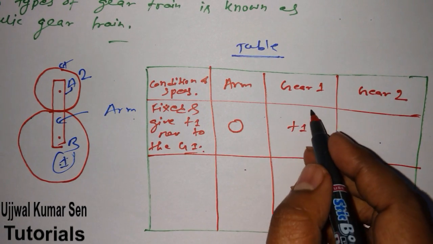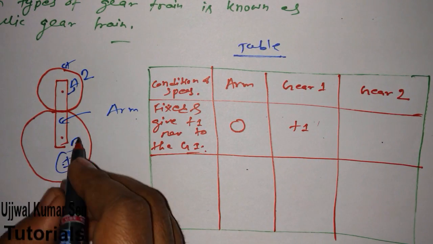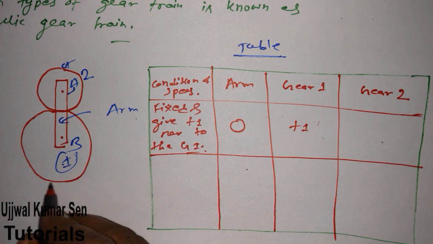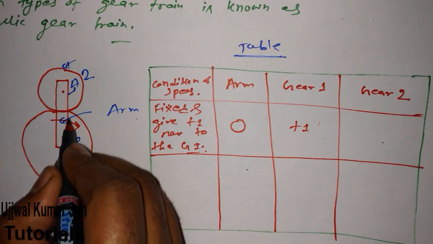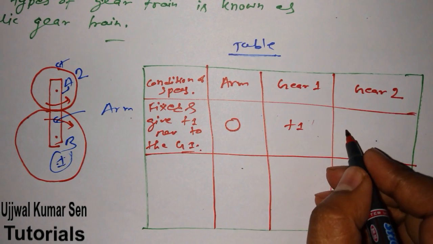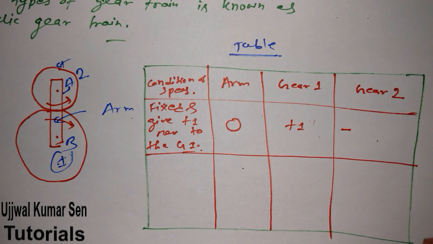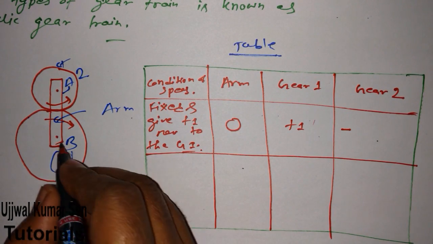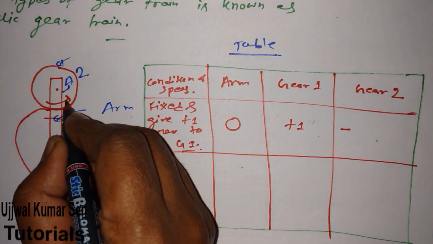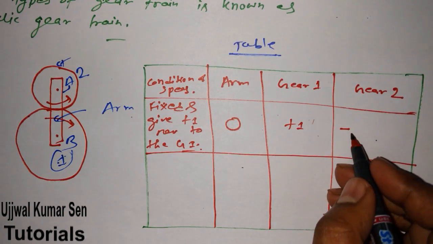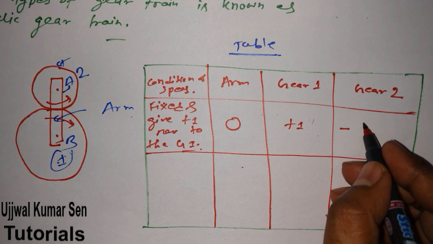If gear 1 will move clockwise, then gear 2 will move anti-clockwise. That's why there will be a minus sign. I'm telling you again, if this will move clockwise, then this will move anti-clockwise. That's why I have denoted this as minus sign.